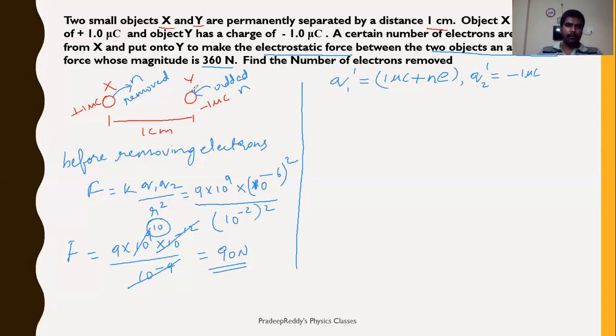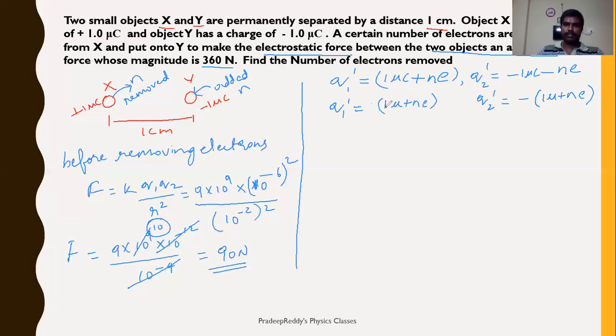When you are adding n number of electrons to this, it becomes still greater negative, so Q2 dash is equal to minus of 1 micro plus n e, and Q1 dash is equal to 1 micro plus n e.